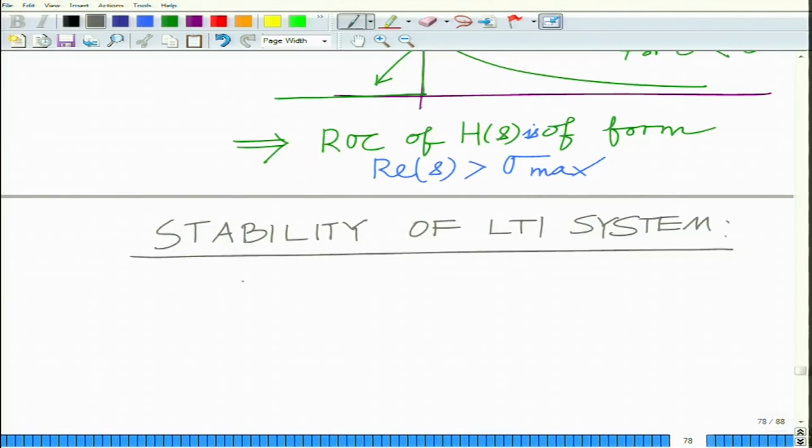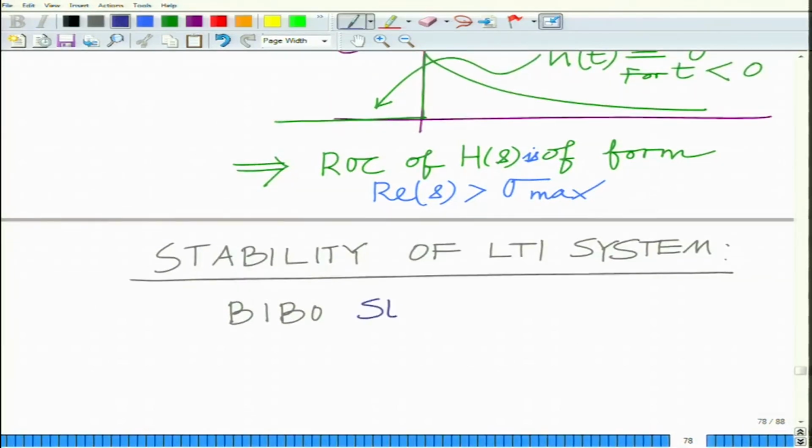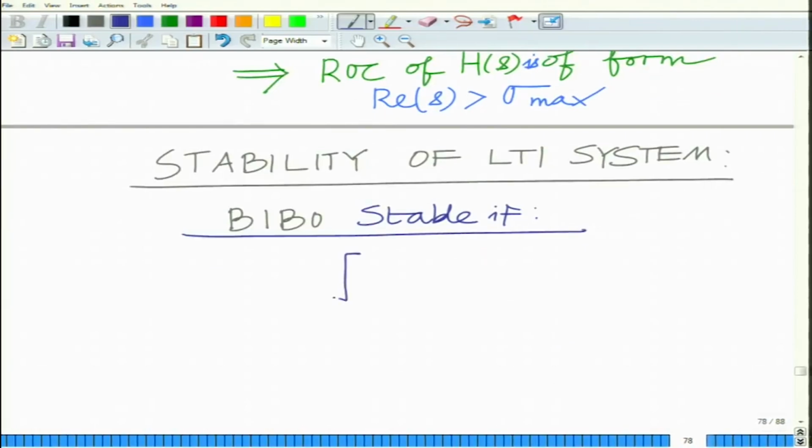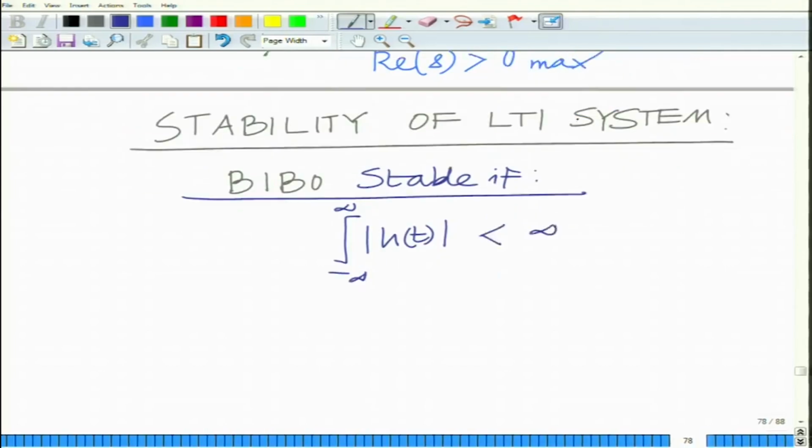It is BIBO stable, that is, bounded input bounded output stable, if the integral from minus infinity to infinity of the magnitude of h(t) is less than infinity.